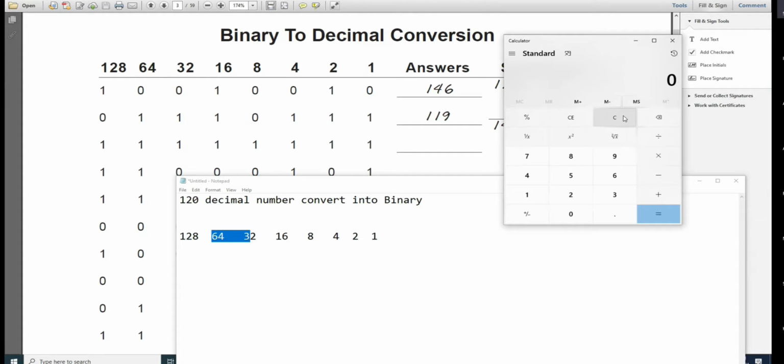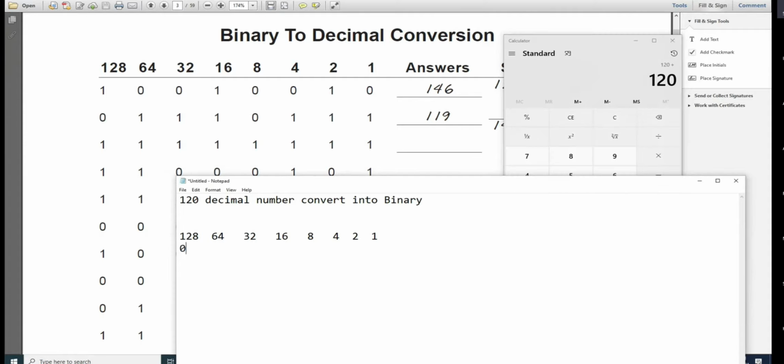Suppose you add 64 plus 32 plus 16 plus 8, so it becomes 120. It means all others will be 0, but this will become 1, this will become 1, this will become 1, and this will become 1.